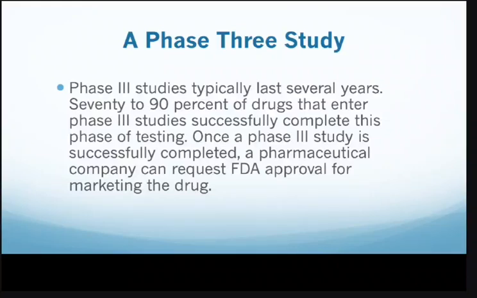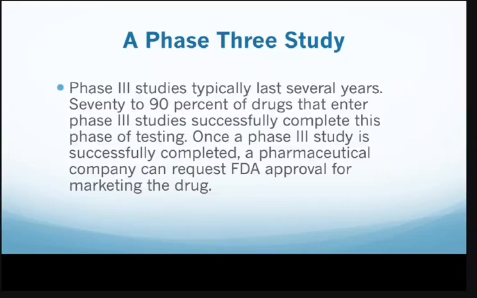And the goal is to find the smallest dose that gives an adequate imaging effect in our fields. About 70 to 90% of drugs that enter phase 3 complete this step because it is known that this is safe and it's effective. And at this point, the drug company will ask the FDA for approval to sell the drug or to market the drug.